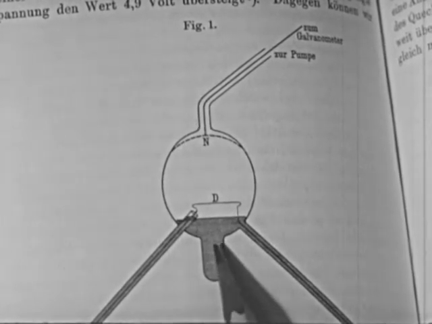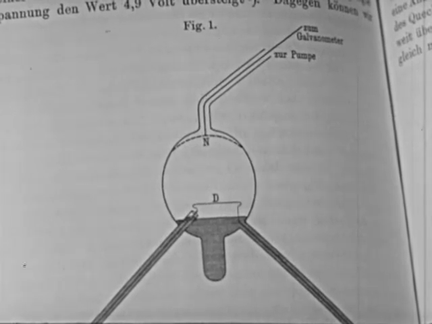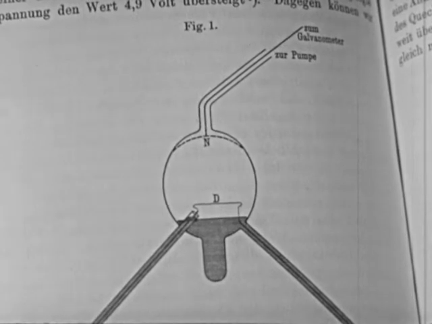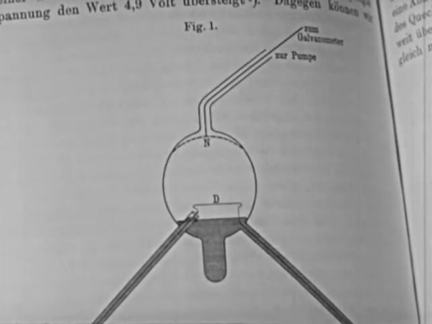This quartz tube contained mercury, and we heated it to a suitable pressure so that enough inelastic impact would occur, and we put a potential difference between the 2 electrodes a little bit higher than the 4.9 volt.